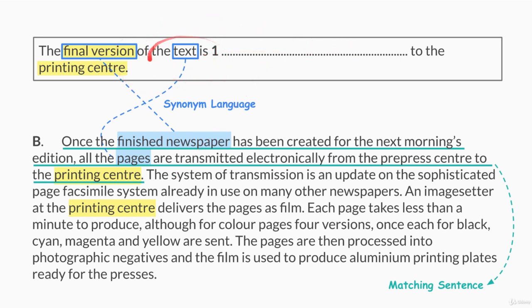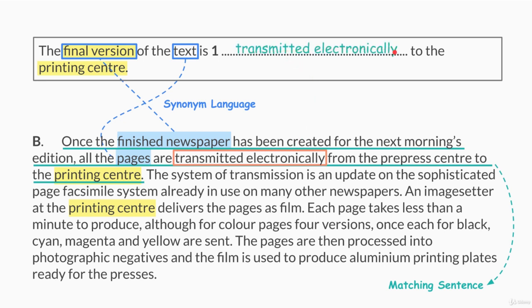Something happens to the final version of the text. What happens? Well, it tells us that right here. The pages are transmitted electronically. Transmitted electronically. That is what happens to the final version of the text. They are transmitted electronically to the printing center. So that is going to be our answer. We're going to fill that into our answer sheet.